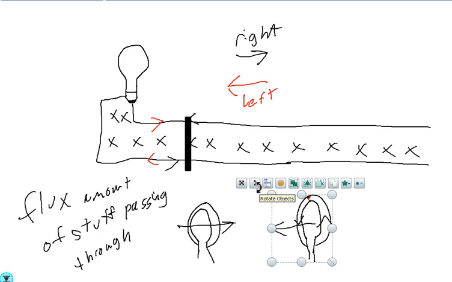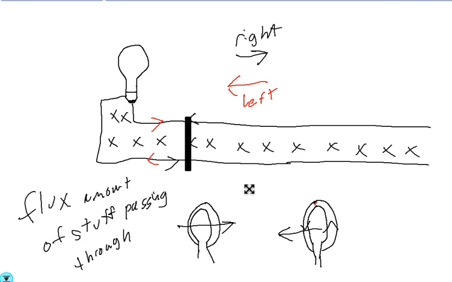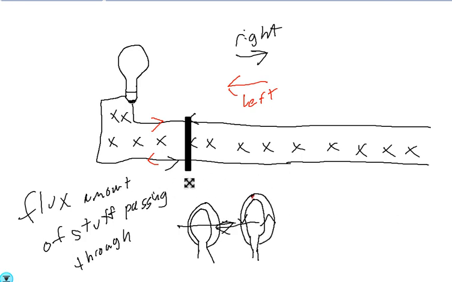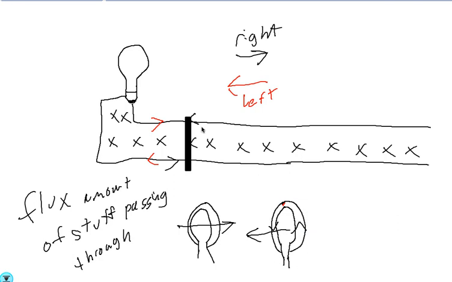So just like Mother Nature is trying to resist the influx of a larger magnetic field, what's happening with this bar is that as I'm moving it to the right, I'm increasing the amount of magnetic field going through this closed loop of wire that we have here. Remember, the bar makes it a closed loop.